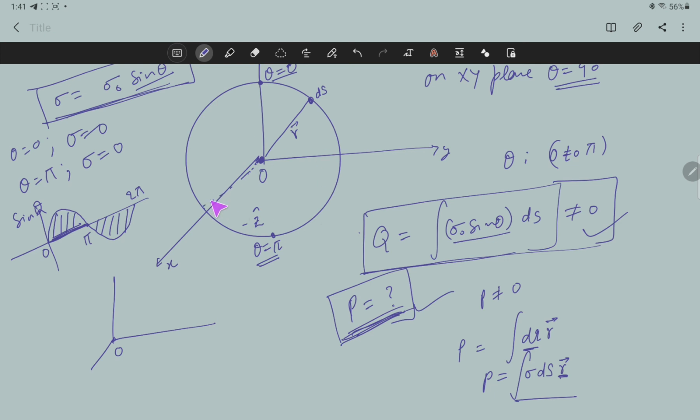So there will be r and minus r, and the contribution from one side will cancel that from the opposite side. Because of the negative parity of the r vector, the dipole moment will be 0 if you choose your origin at the center of the sphere. If you choose the origin outside the sphere, the dipole moment will not be equal to 0. You can check that.